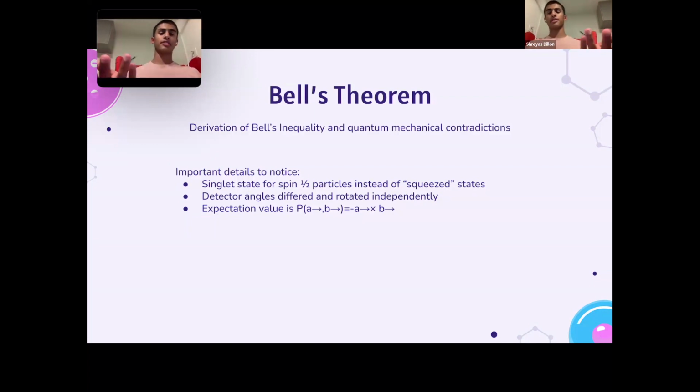Another difference is that instead of the detectors being perfectly aligned as they were in the EPR group, these detector angles differ from each other and can be rotated independently.